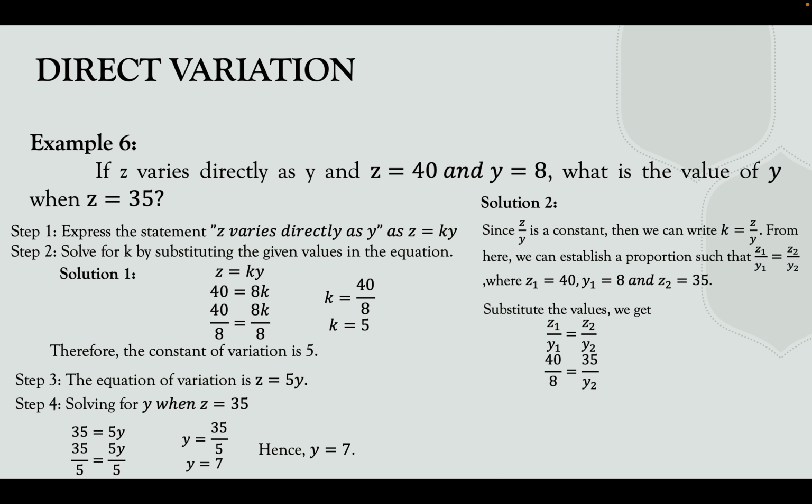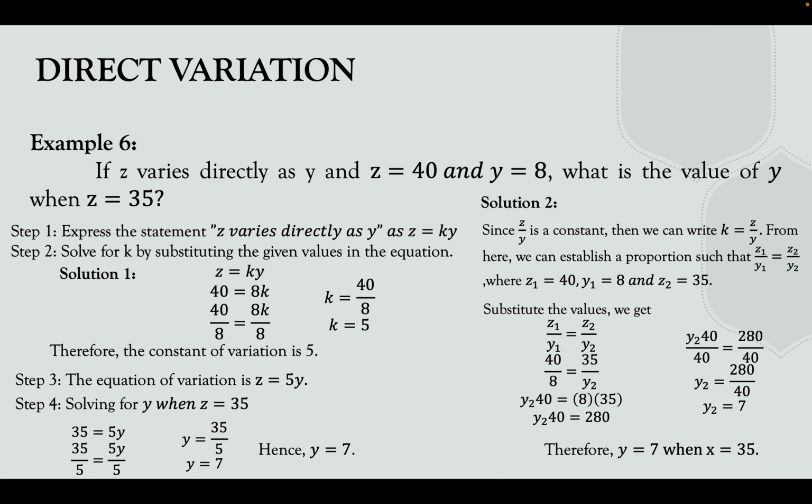So substitute the givens: 40 over 8 equals 35 over y sub 2. Cross multiply: y sub 2 times 40 equals 8 times 35. 8 times 35 is 280. We divide both sides by 40 to isolate y sub 2. So y sub 2 equals 280 divided by 40, which is 7. Therefore, y equals 7 when z equals 35.